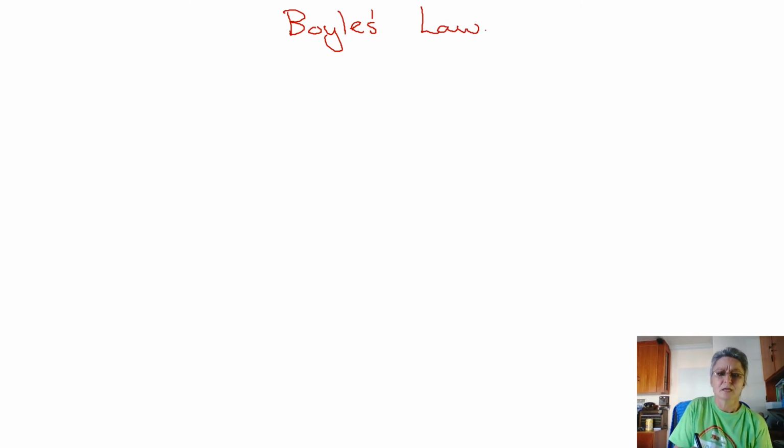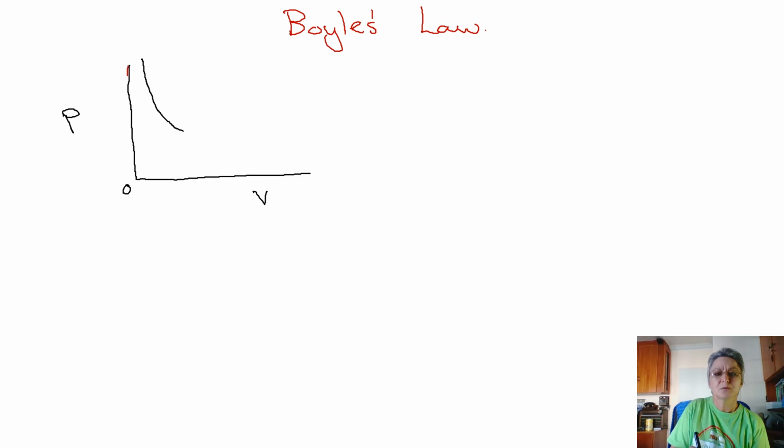Right. I'm going to look at Boyle's law by itself now, and I'm going to look at the graph of pressure against volume. And we know that it's a nice perfect hyperbola for the ideal gas.